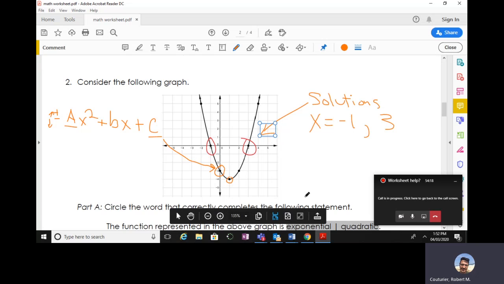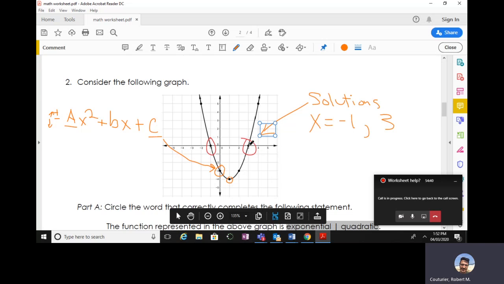Is that a positive or negative number? How did we determine that? Because we know that c is an intercept, if it intercepts at a negative number, then c is negative, or positive otherwise.